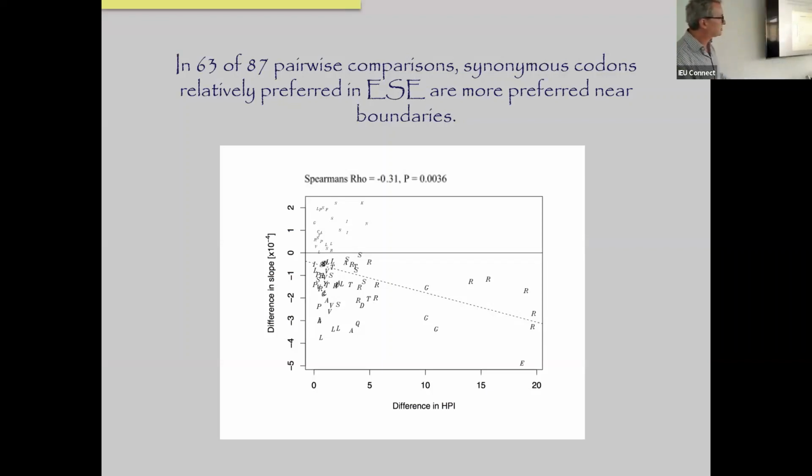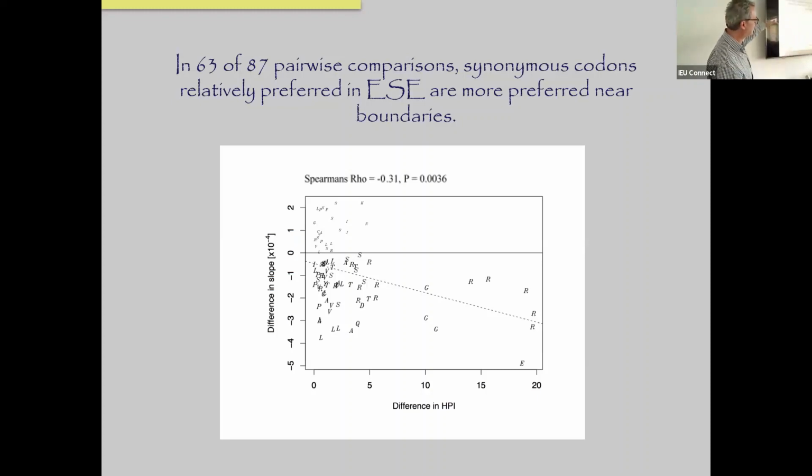And the predictions are twofold. First is that the extent to which you get a difference in preference of usage, which is what you're seeing on the y-axis, should be higher if there's a bigger difference between the two codons in their stickiness. And that's what you see. So there's overall a negative slope. And we also expect that the one that is stickier should be the one that is preferred at the exon end.